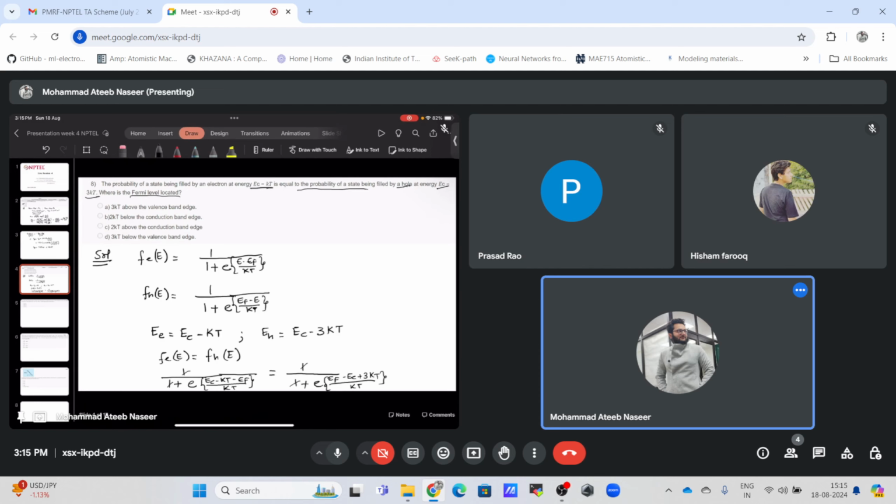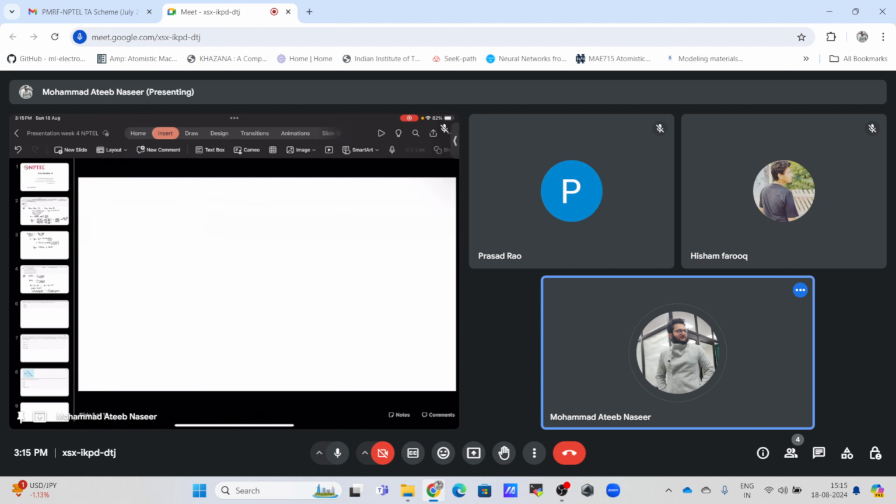Okay, so if we now take ln on both sides, let's go to another page and write it like this.